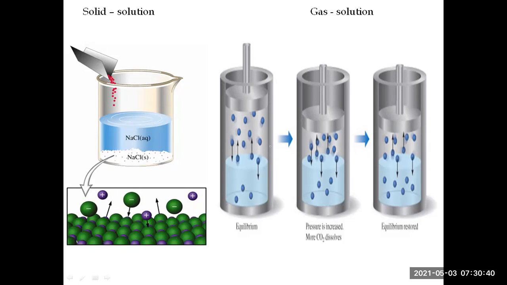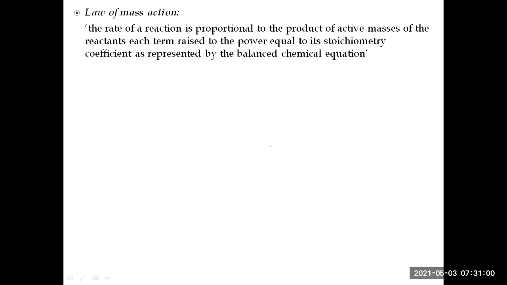Let us proceed. So these are the five physical equilibria. Now we'll take up chemical equilibrium and all other aspects associated with chemical equilibrium. So you have this law of mass action.